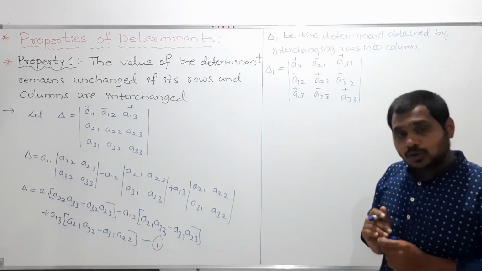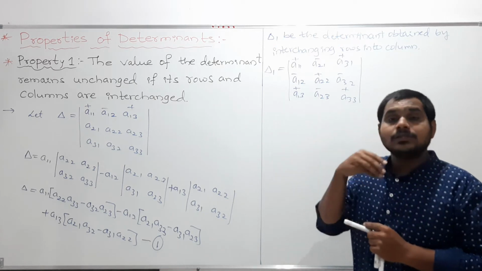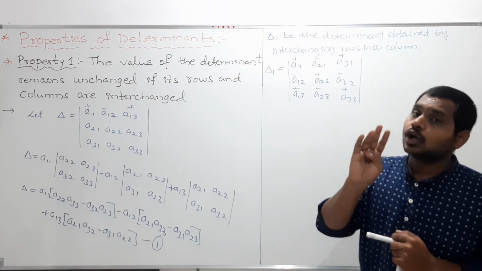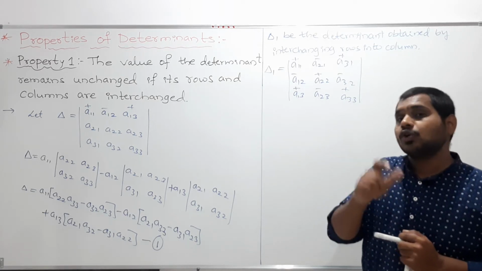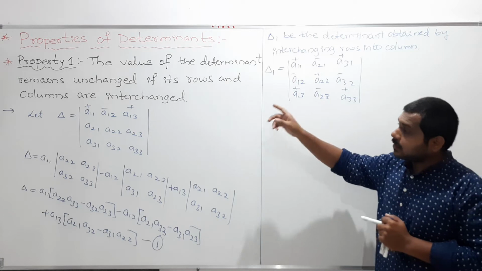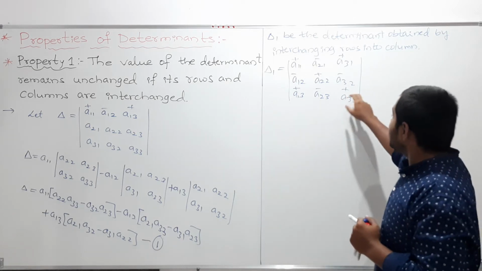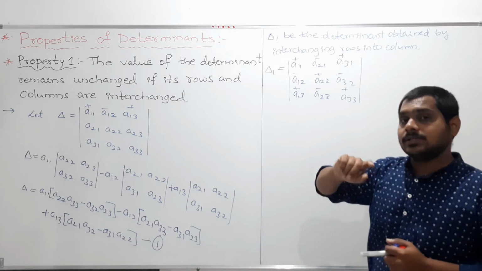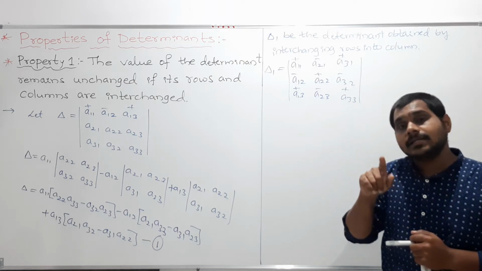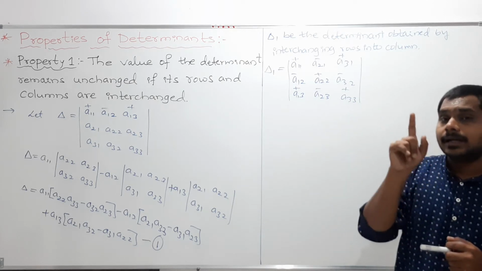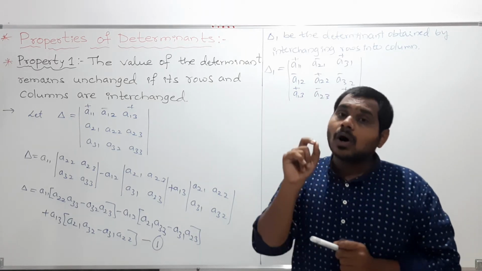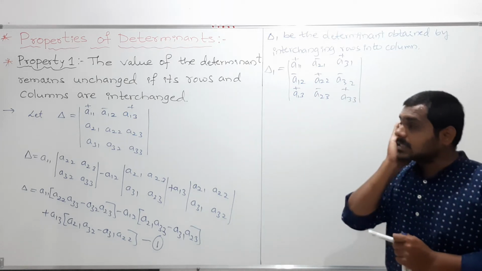In that case I told you that while solving with elementary operations in a matrix, we can apply either the column operation or the row operation, but we must stay with one throughout. But in this topic, determinants, there is no such rule.